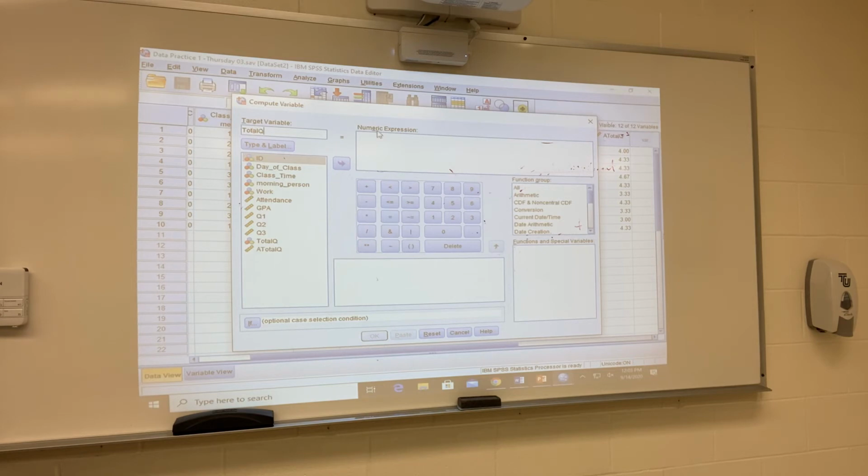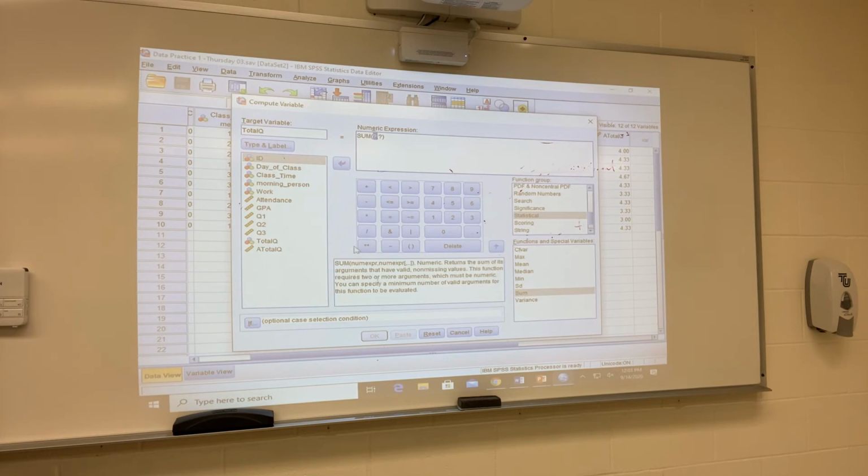I'm confused. How did you get there? Transform, on the top. Transform, compute variable, and then you click it. You get this. Then type total Q. And then go to this side, find the statistic, and then find the sum.